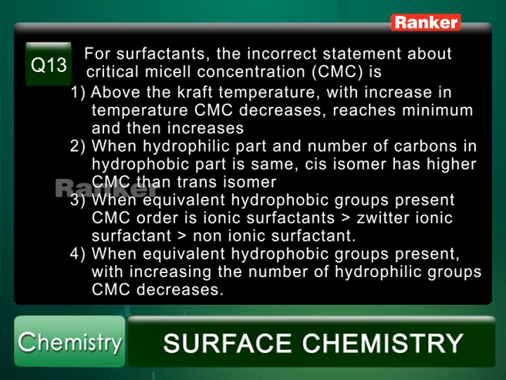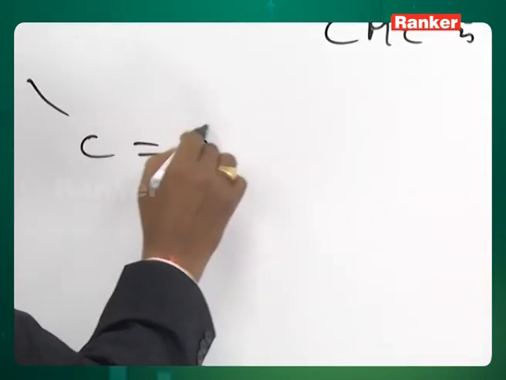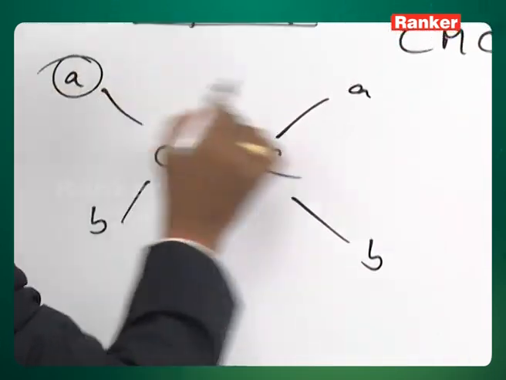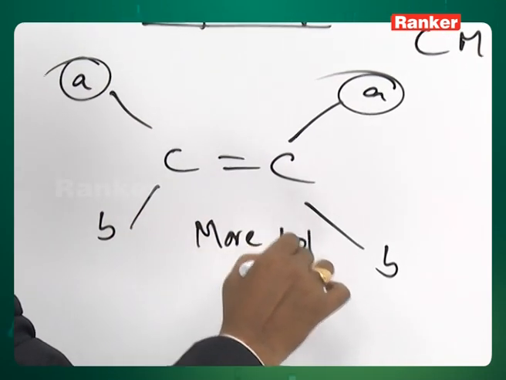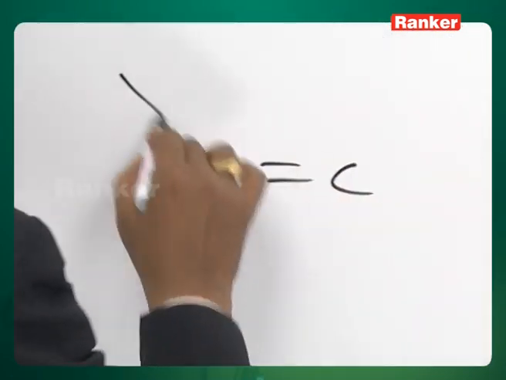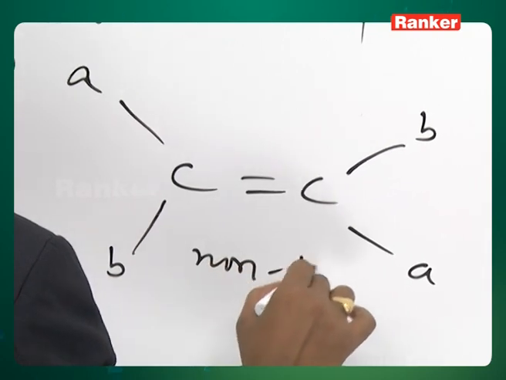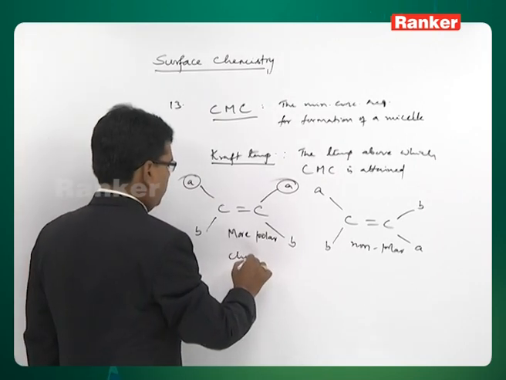When the hydrophilic part and the number of carbons in the hydrophobic part are the same, cis isomer has a higher CMC than trans isomer. Yes, this is also correct, because the cis isomer is more polar and the trans isomer is non-polar, and for a micelle to form, charge is required.